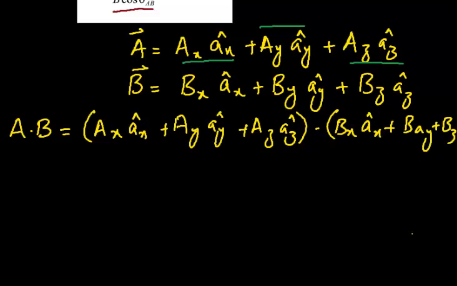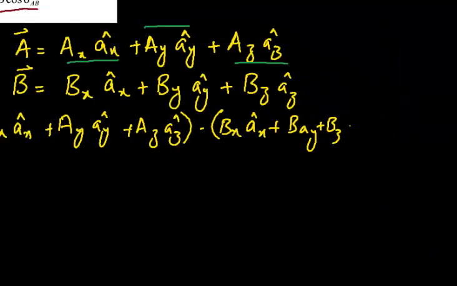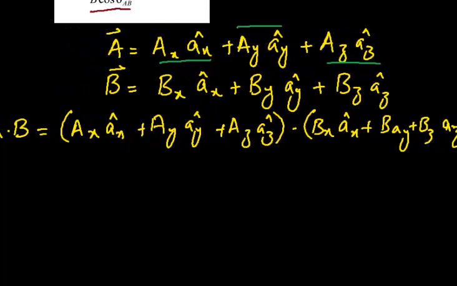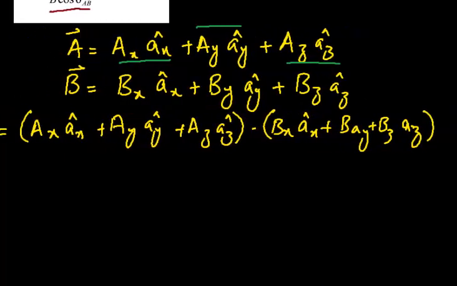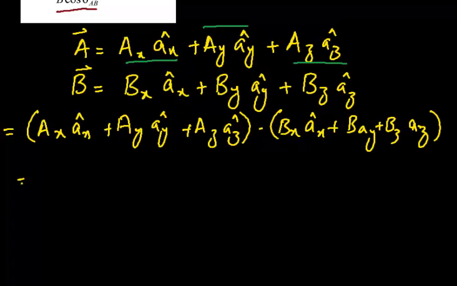Now this AX is going to go with the BX first, and then this AX is going to go with the BY.